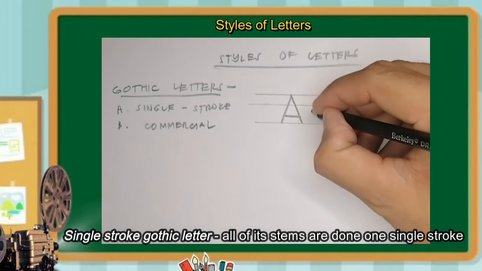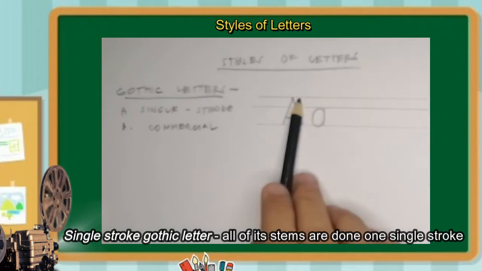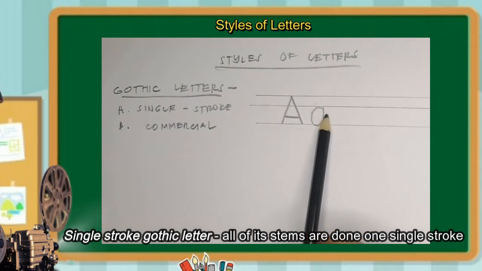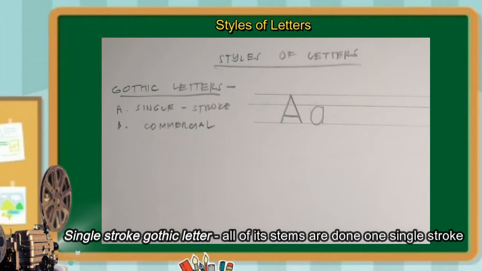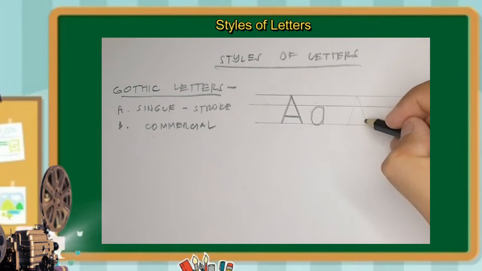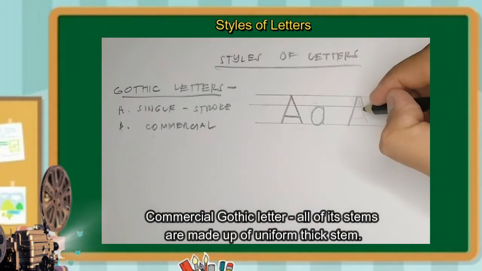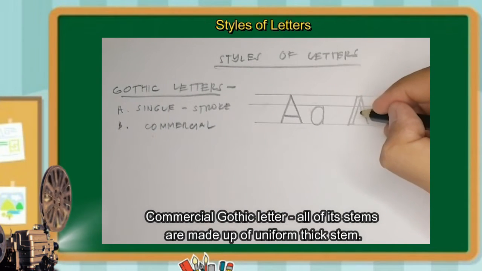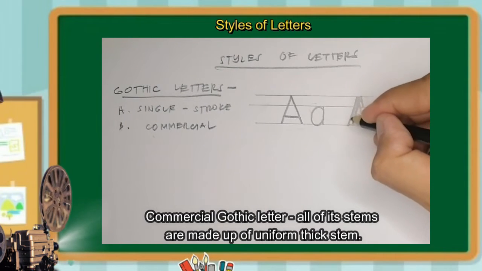So let's also use its lowercase. This one is the uppercase single stroke Gothic letter, and this one is what we call a lowercase single stroke Gothic letter. How about the commercial Gothic letter? The difference of the commercial Gothic letter is that its stem is thicker compared to the single stroke Gothic letter, and normally it is filled.